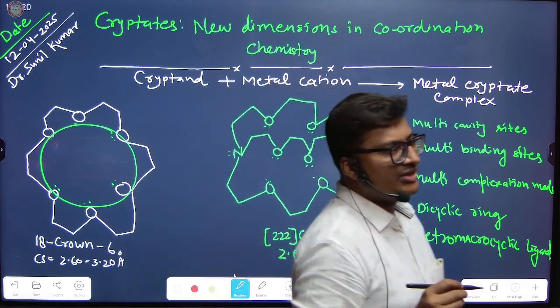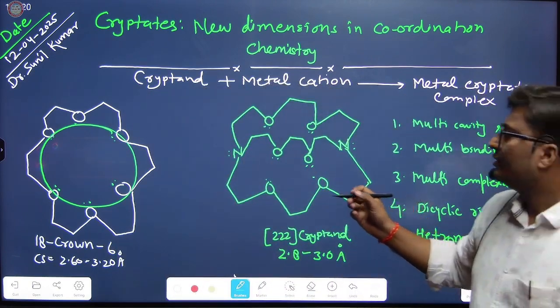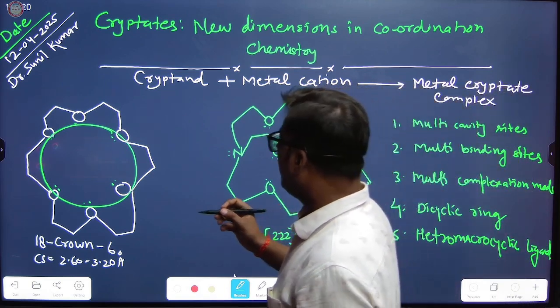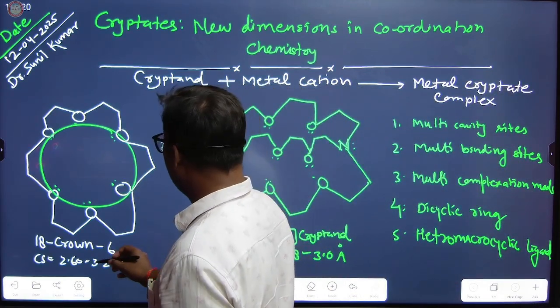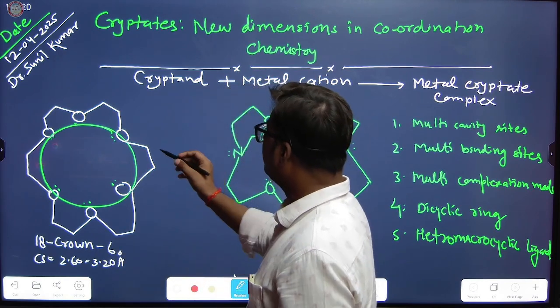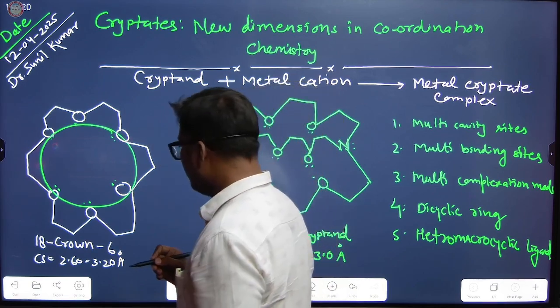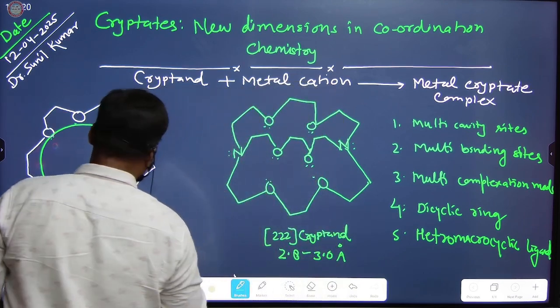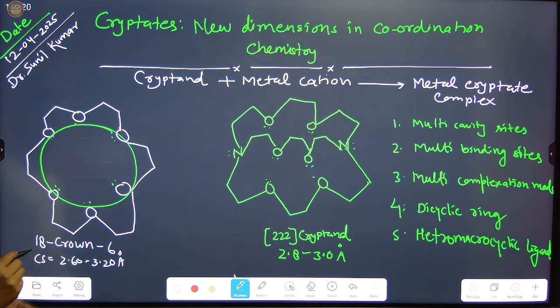So the size of the hole, that is what we call host, lies in this range, and this is a monocyclic ring structure, right? So this ring is composed of oxygen donors.